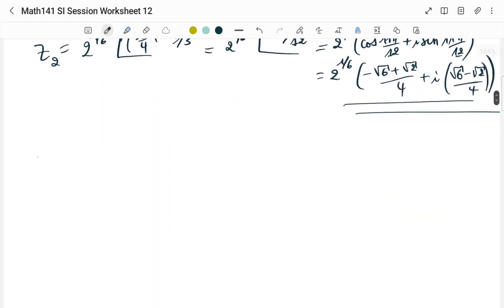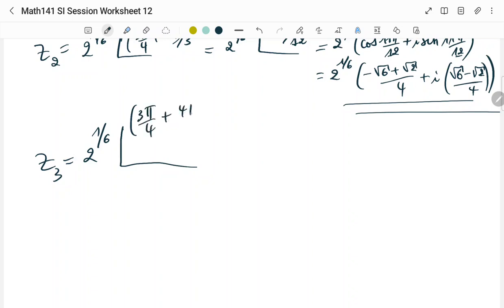Right, so then our third root is, once again, same r value, 2 to the 1 over 6, and the angle is just 3 pi over 4 plus 4 pi now, because k is equal to 3, divided by 3.